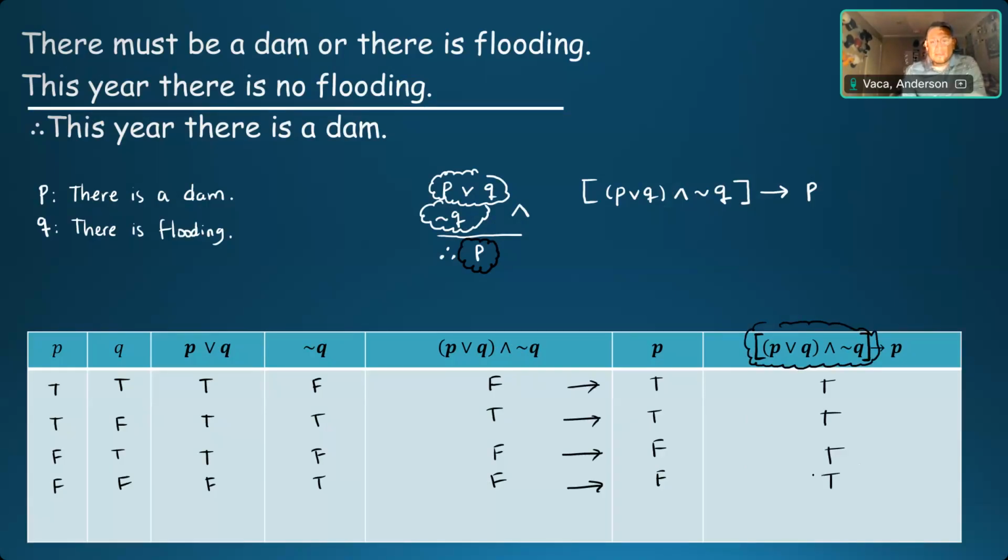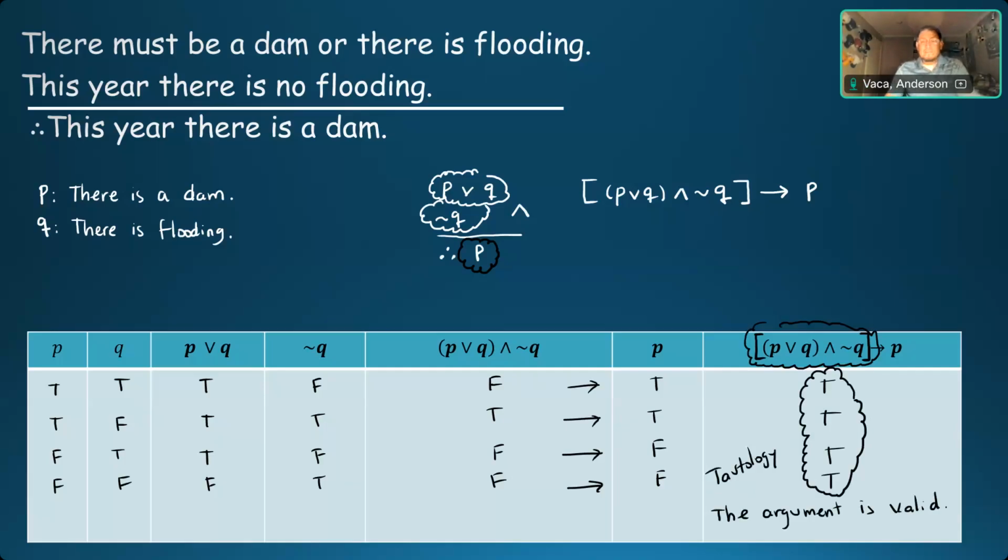What's the importance of this? Notice that the very last column of this truth table is nothing but truth values, true values. This is a tautology. So what's the big deal? Well, the big deal is that the argument is valid.